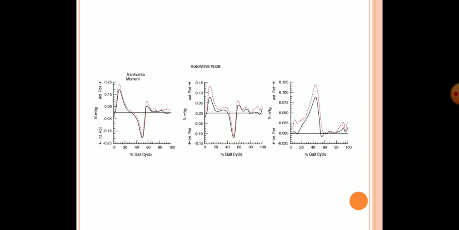But in the ankle joint, the main moment happening is external rotation. There is only a limited amount of internal rotation happening by 60% of the gait cycle, and the peak of external rotator moment is happening by 40% of the gait cycle.